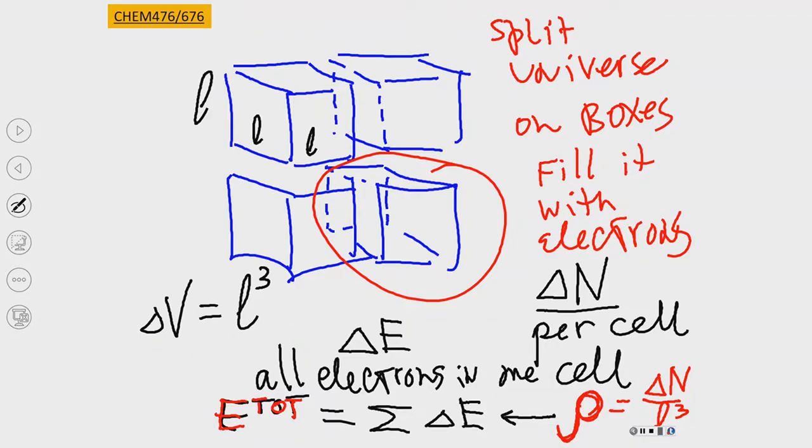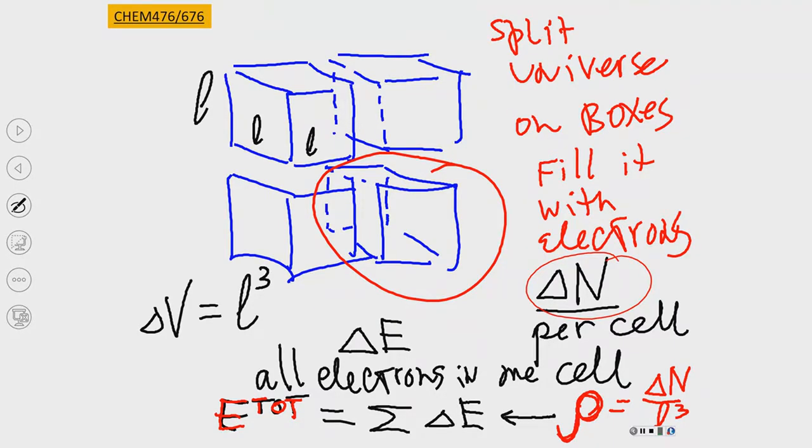Well, we can find the energy of all electrons that sit inside one cube and then integrate over all cubes, add together, right? Energy is additive. So now we do have the number of electrons, this big delta N, inside one cube.